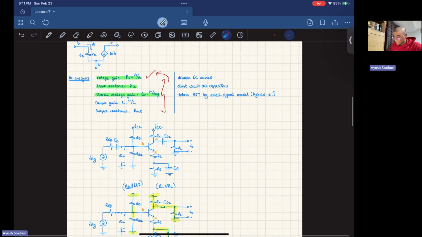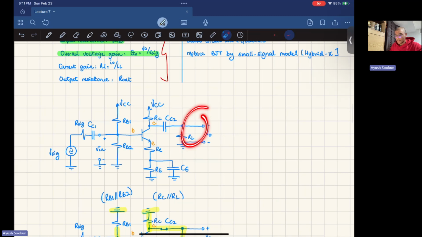Make sure, because this is a physical circuit, right? When you're measuring the voltage of this circuit, you're measuring it across resistor RL only. Yes, you can measure it across RC and it would be the same. However, the current flowing there is not I out, right?